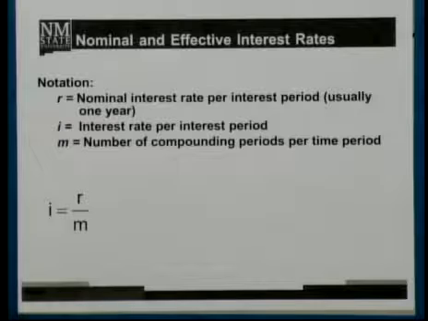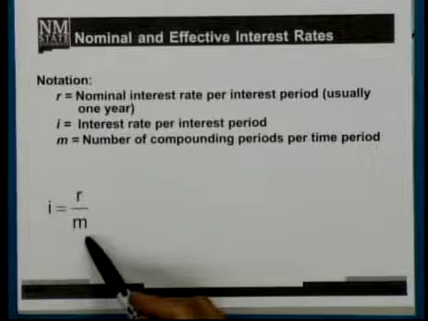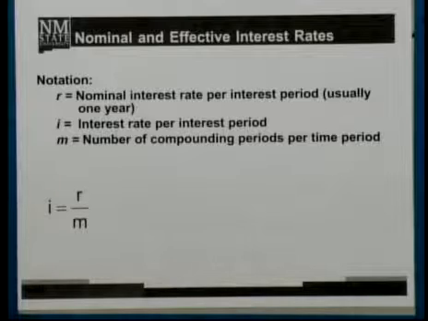In such case, m is going to be 12. Okay? So for example, a common credit card rate is 18% per year, compounded monthly.